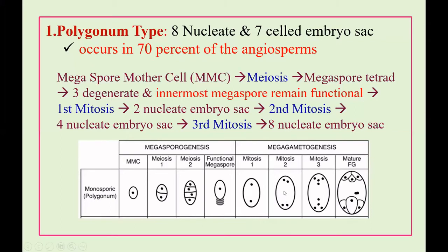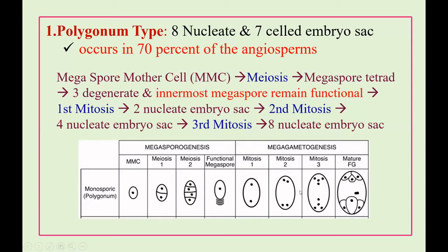Look here, there is no cytokinesis, only karyokinesis occurs, which means cell plate formation doesn't occur. So the second mitosis results in four nuclei, and two go towards the chalazal end and two towards the micropylar end.